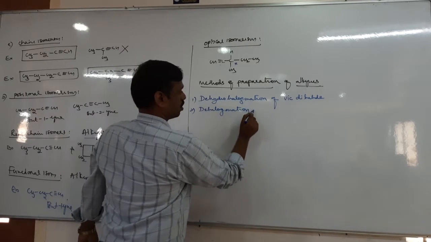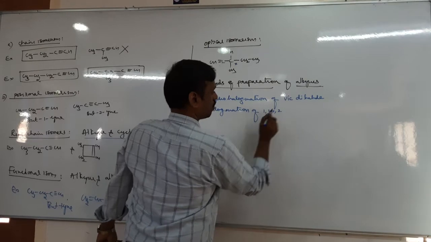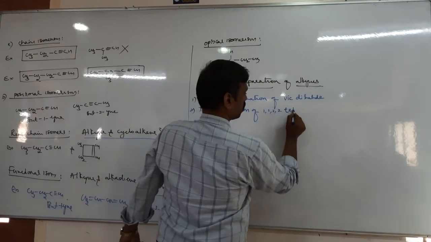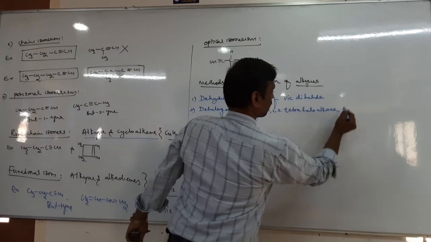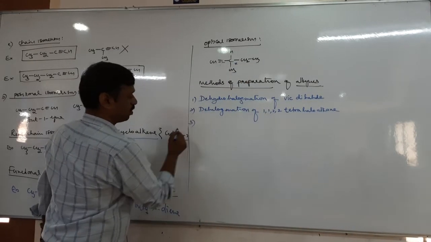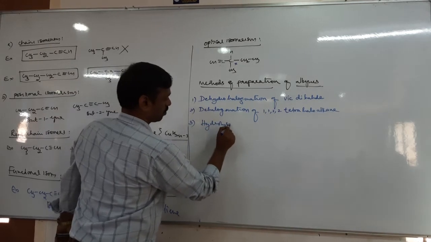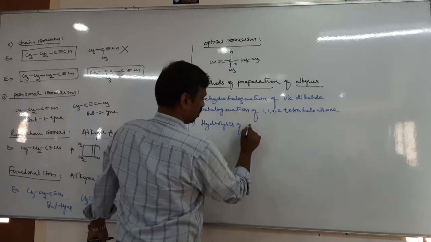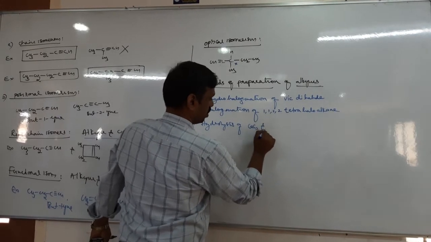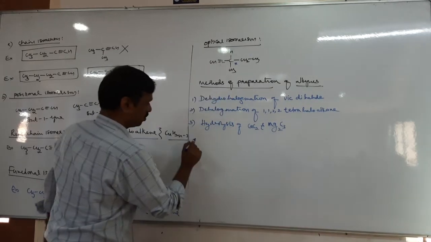Dehalogenation of 1,1,2,2-tetrahaloalkane. 3. Hydrolysis of calcium carbide and magnesium carbide.